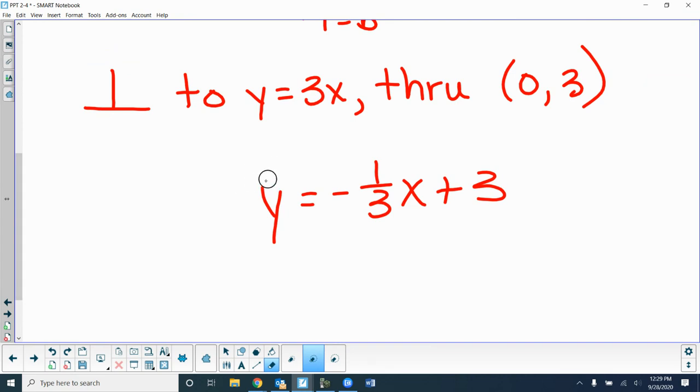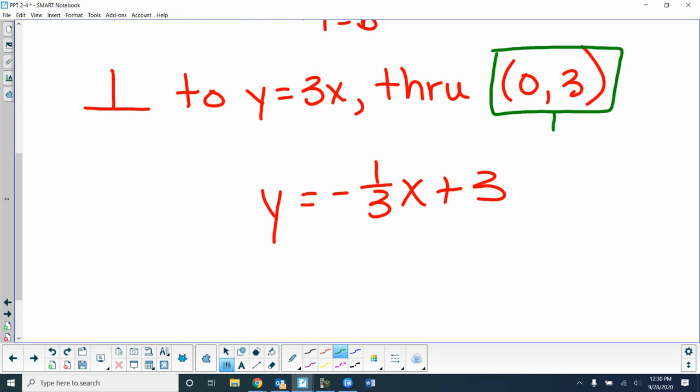Okay? You understand what I'm saying? This point is the y-intercept, the b from there. And that's not always going to happen, right? But if you realize that, you don't have to do any work.